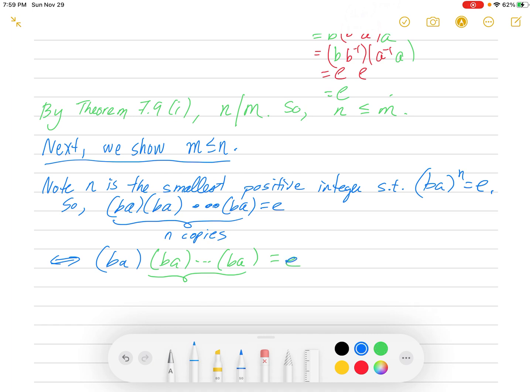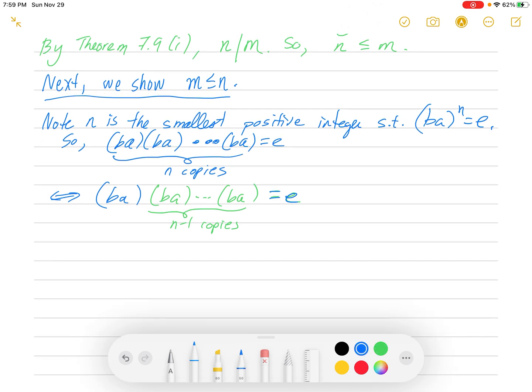How many copies of BA in green will we have? N minus 1 copies, right, because we isolated one BA on the front. So that's equivalent to saying that BA times BA to the n minus 1 power is the identity.